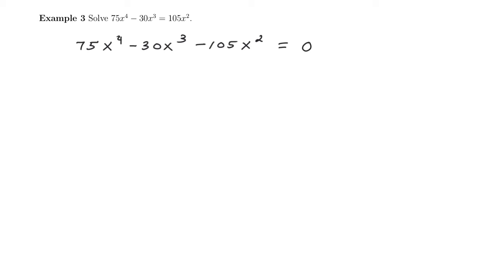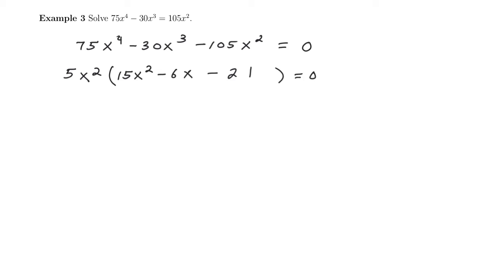I know I can remove a 5 and an x squared, and I'm just left deciding what is left over after I do that. Okay, so I am left with a 15x squared minus 6x minus 21.